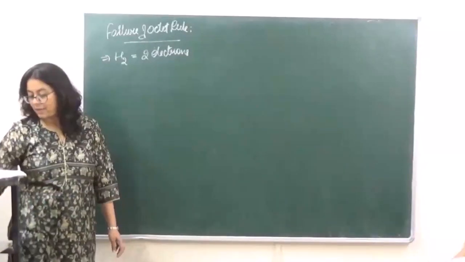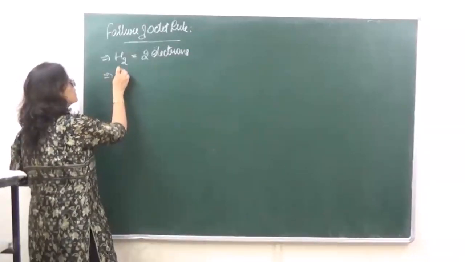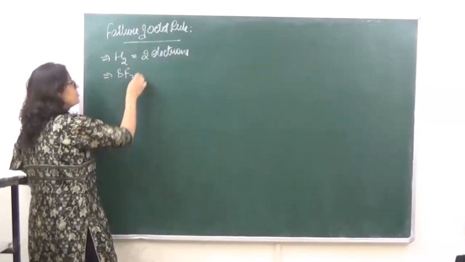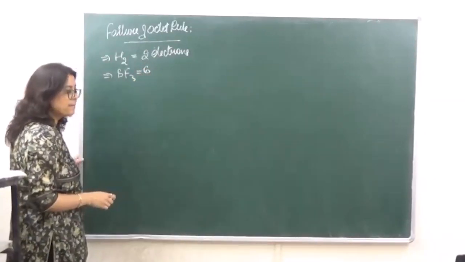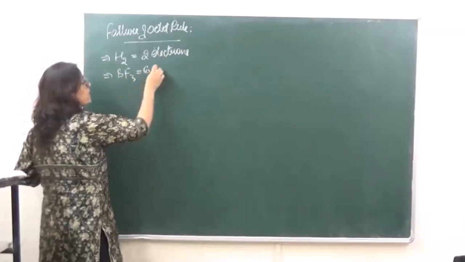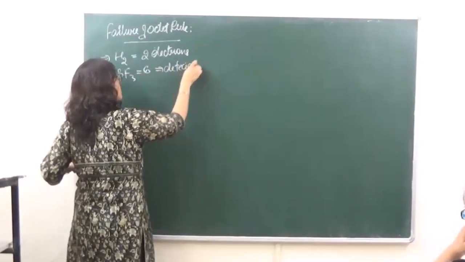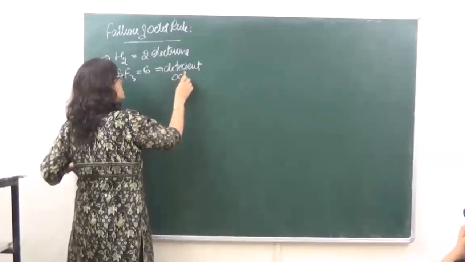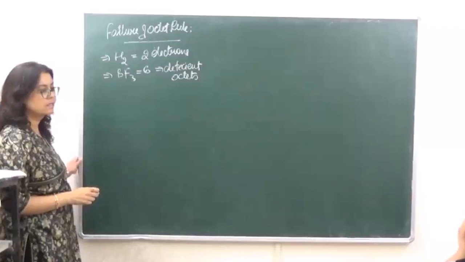In a similar manner, we have another molecule, which is BF3. BF3 has 6 electrons in the outermost shell, still it is stable, and such octets are known as deficient octets.